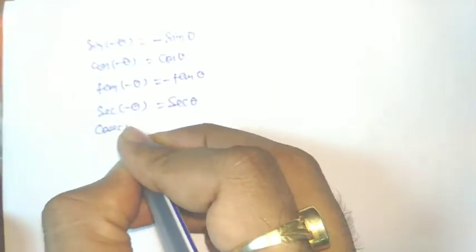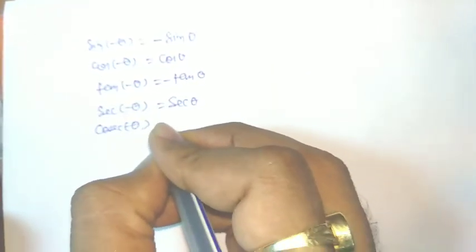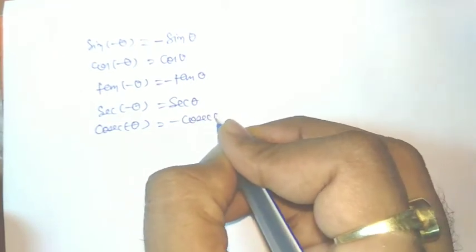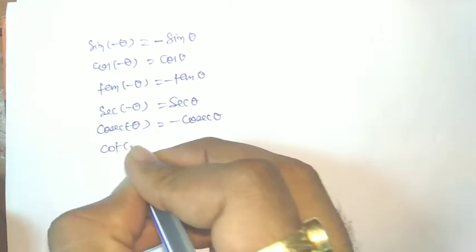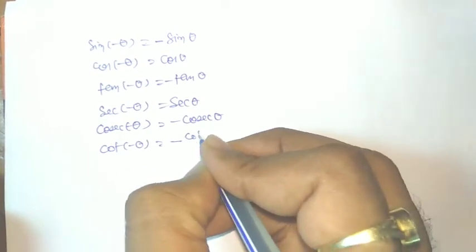Angle will be in fourth quadrant in clockwise direction. Cosec of minus theta will be minus cosec theta, and cot of minus theta will be minus cot theta.